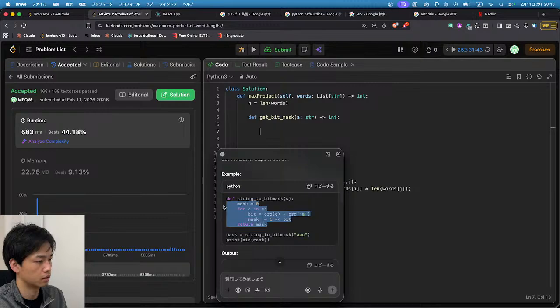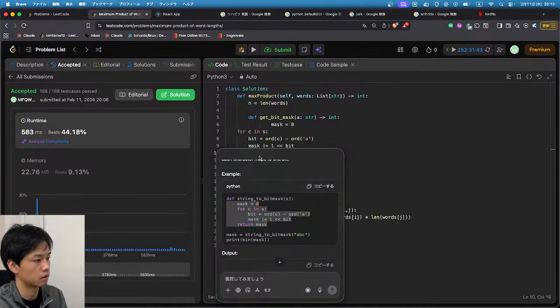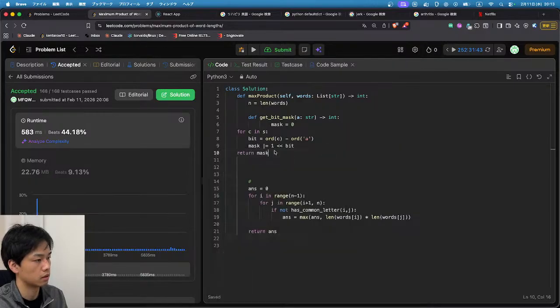This one. Mask is 0 at first and loop over the string, take the bit, shift the bit and update the mask.